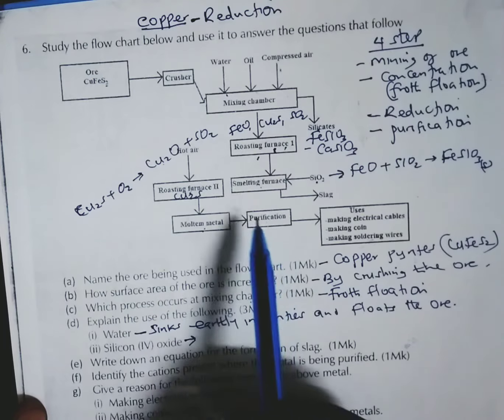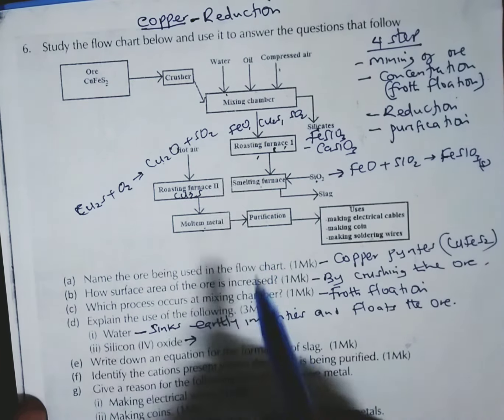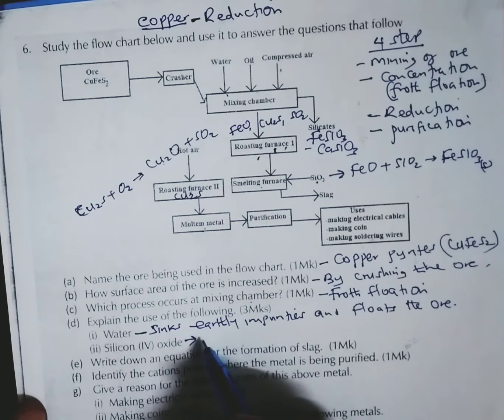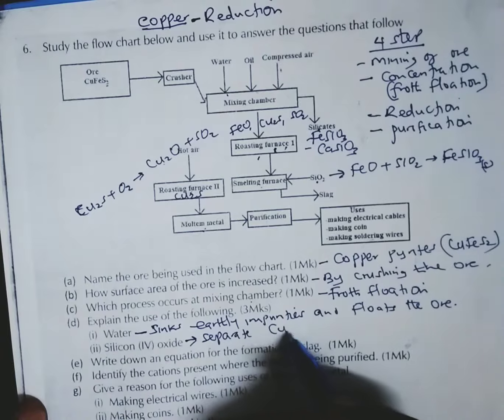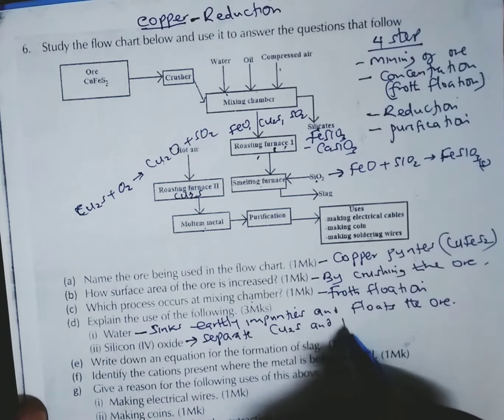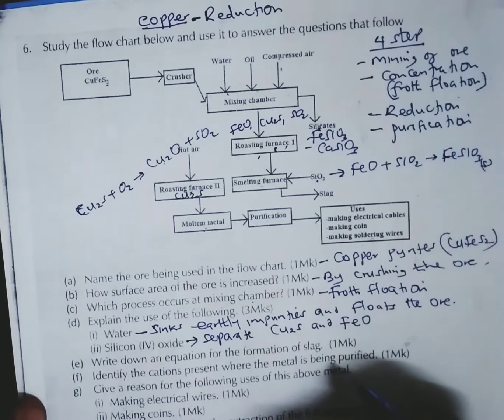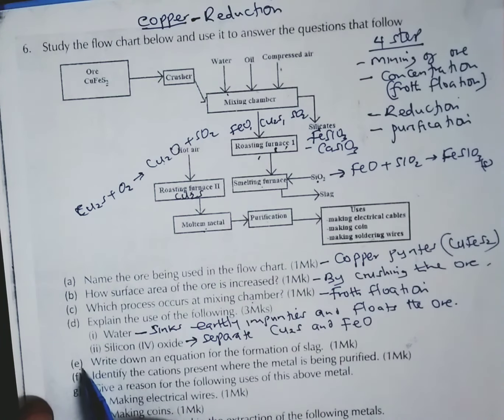The reason why we introduce silicon 4 oxide is to remove impurities, or we can say to separate copper 1 sulfide and iron 2 oxide from the first roasting furnace. But how does that happen? Let us look at part E.